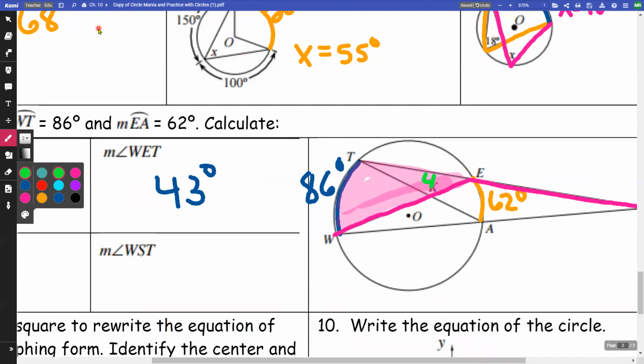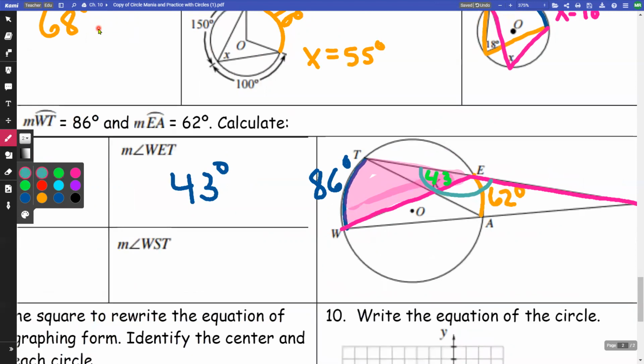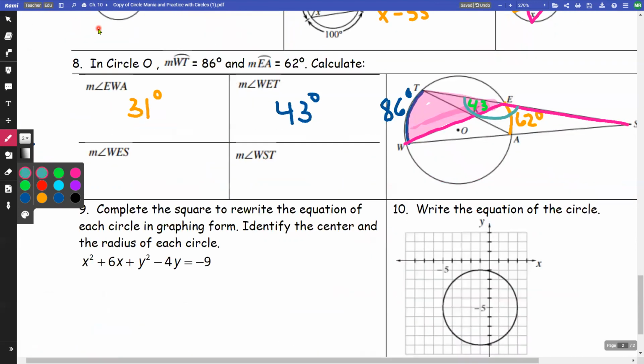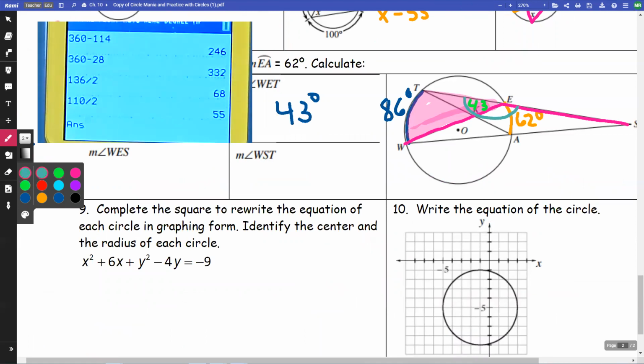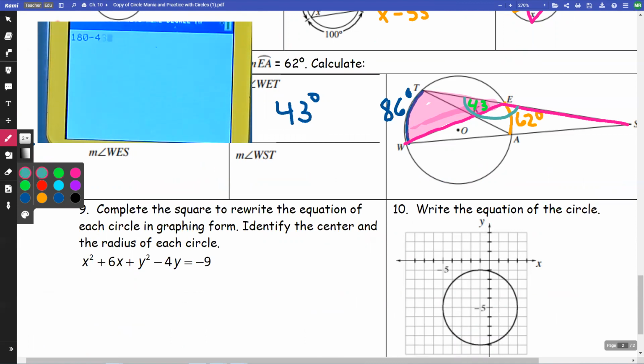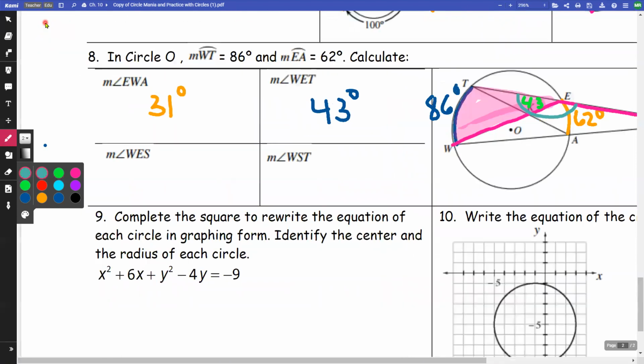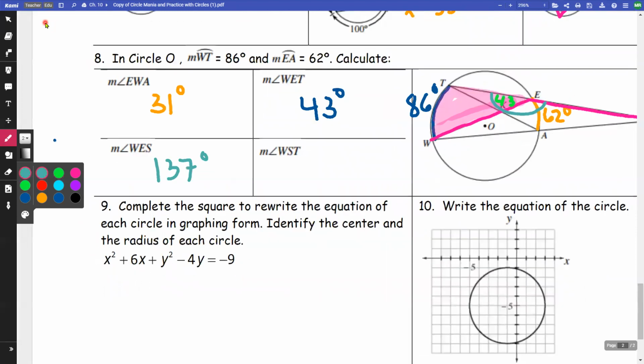And if that's 43 degrees, that angle plus the one I want are supplementary, they're a linear pair. So I'm going to be doing 180 minus 43, and I'm going to get 137. So this one here is 137 degrees.